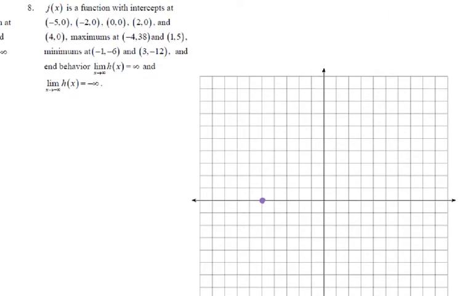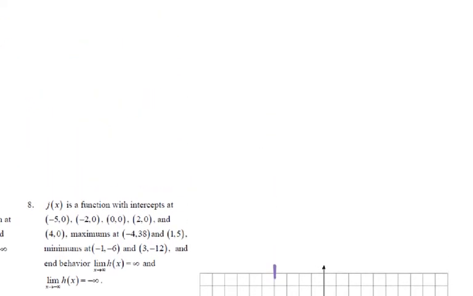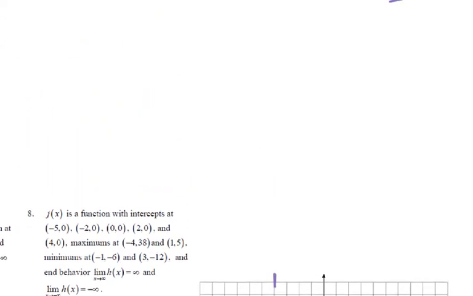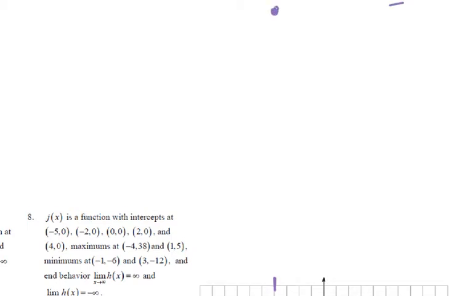There we go. Negative 2, 0, 0, 0, 2, 0, and 4, 0. And then maximums at 1, 5, and negative 4, 38. So that's negative 4 and 38. So like clear up there, we'll say.